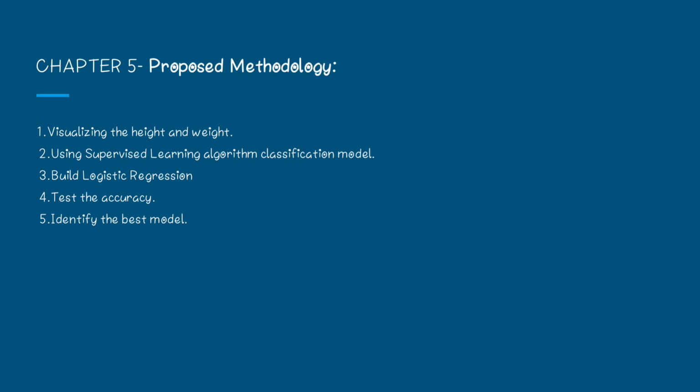Logistic regression is used to calculate or predict the probability of a binary yes or no. Applying machine learning to determine whether a person is likely infected with COVID-19 or not is also an example of logistic regression, a binary yes or no. So we will use logistic regression. It is easy to predict, and finally we identify the best model.